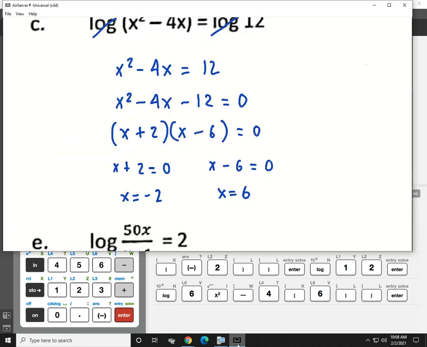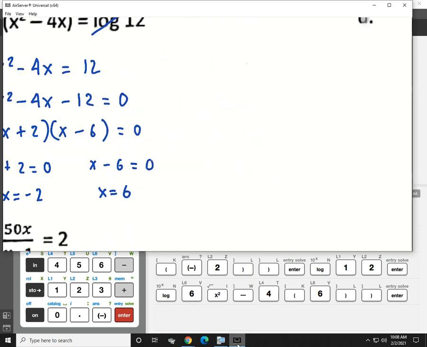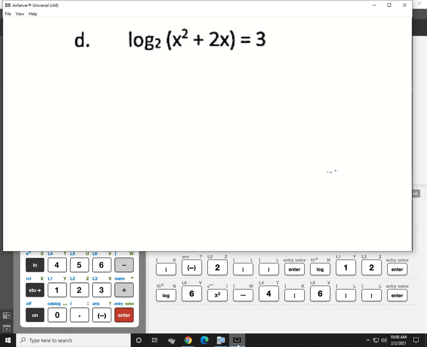Questions about that one? Okay, let's go over here to D. Is this log equals log or log equals a number? Log equals a number. So we're going to what? We're going to exponentiate.